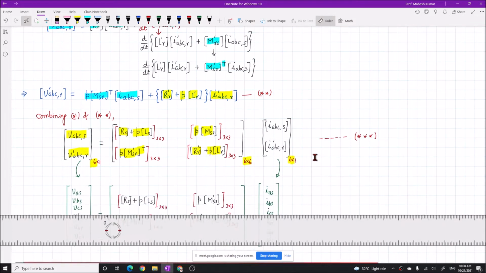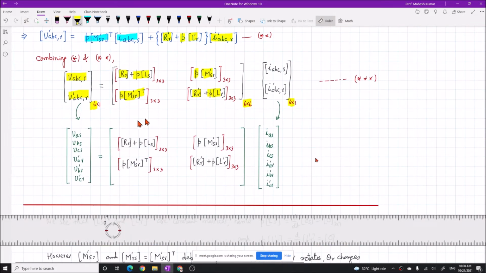If you see it in terms of the complete column vector, this is the matrix for V_ABCS and V_ABCR', so this becomes V_AS, V_BS, V_CS, V_AR', V_BR', V_CR', and currents I_AS, I_BS, I_CS, I_AR', I_BR', and I_CR'.